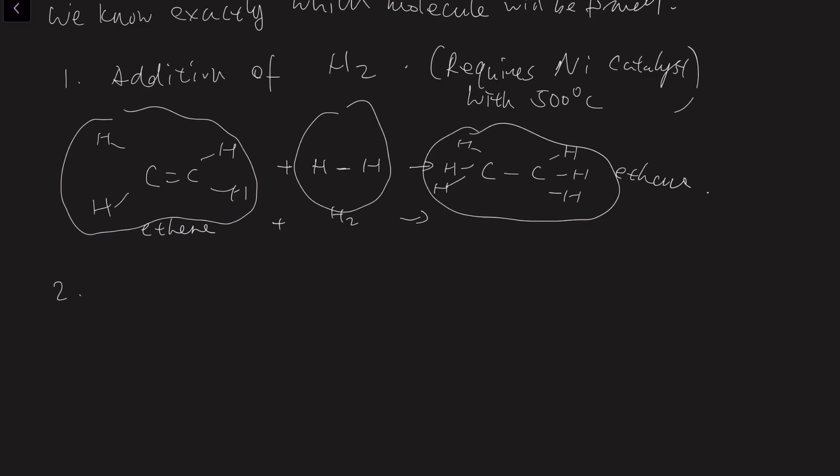Another example is the addition of halogen gas, such as chlorine, bromine. So this occurs without catalyst.